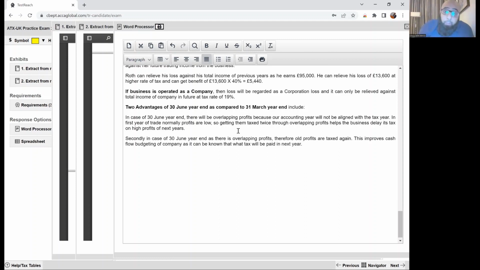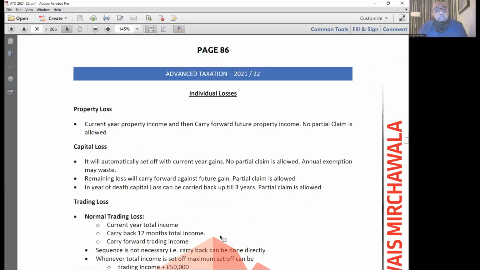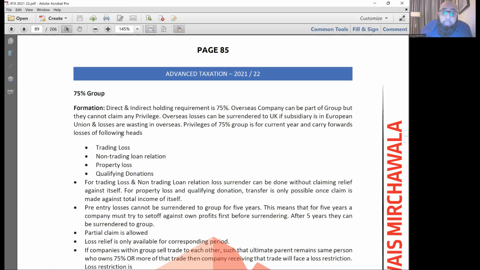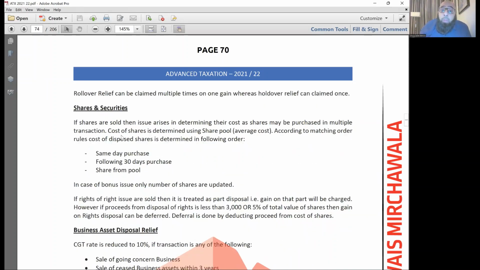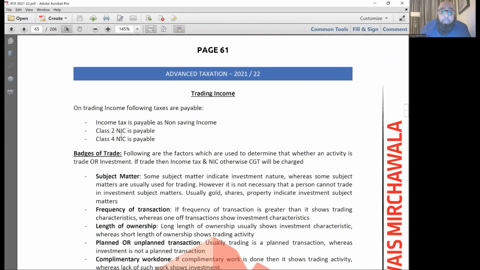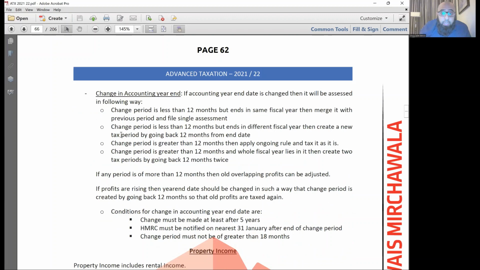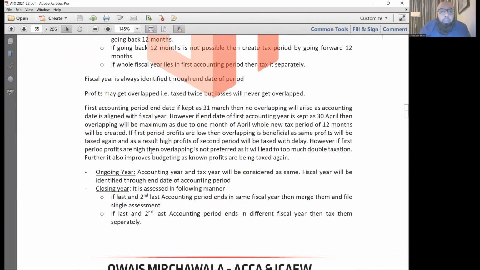as it can be known what tax will be paid in the next year. Okay, if you people don't remember, I'll open the summary notes for you, you can just look in the trading income. The purpose of showing this is to give you a reminder that we have already studied this. Now we have the opening year, and here it's the first accounting period date.